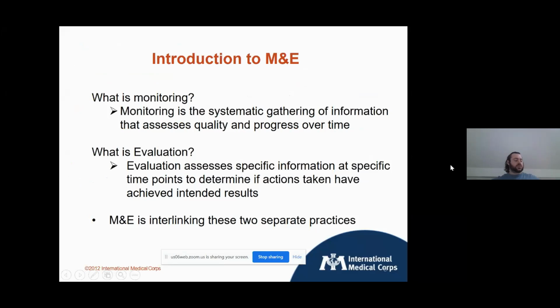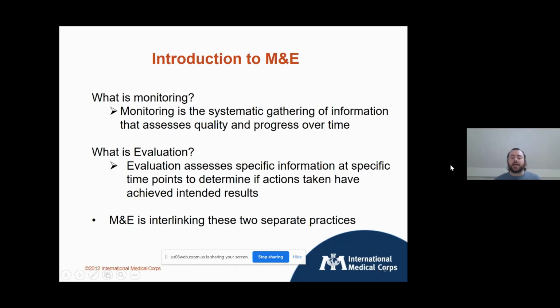We'll quickly go through some terminology, as some people may not be very aware of all of the common terminology that's included in the framework, and specifically the terminology that we'll use for this case study presentation. So monitoring is the systematic gathering of information that assesses quality and progress over time for services, interventions, and for projects.